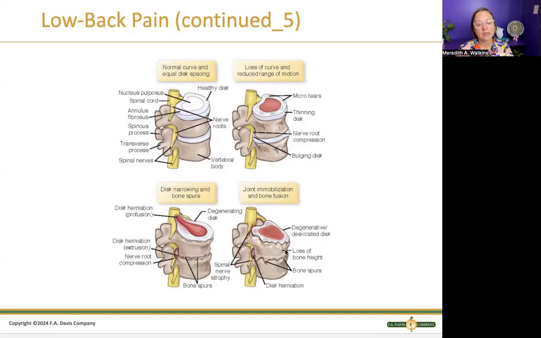And we can see loss of bone height, which is why we see people actually shrink a little as they get older, because there's not those nice cushions in between the vertebrae. And then these bone spurs and the lack of cushion means bone on bone, which is really uncomfortable and causes a lot of pain over time.